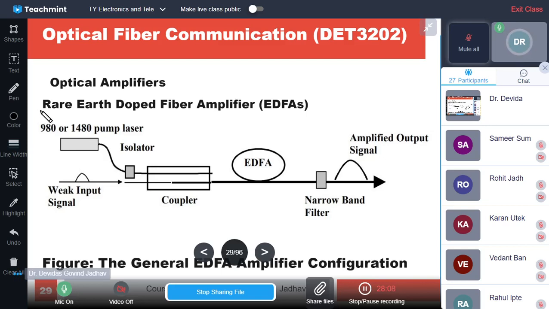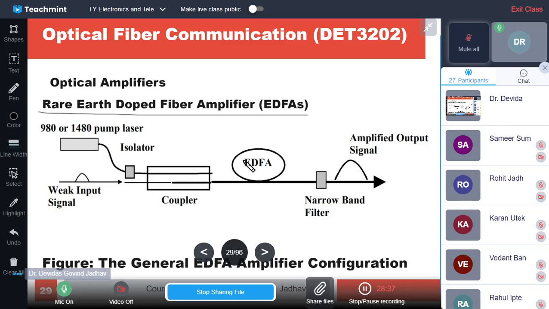So the rare earth doped fiber amplifier, that is the EDFA, has the weak signal input, and it is coupled to the coupler which already has the pump laser input of, let's say, 980 nanometer or 1480 nanometer coming through the isolator. This couples both the energy signals together to the EDFA, and the EDFA amplifies it.